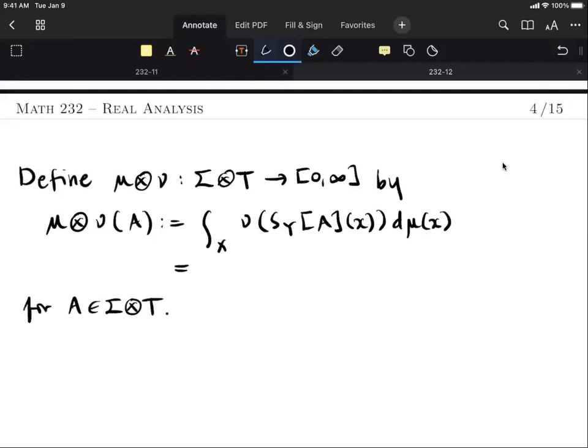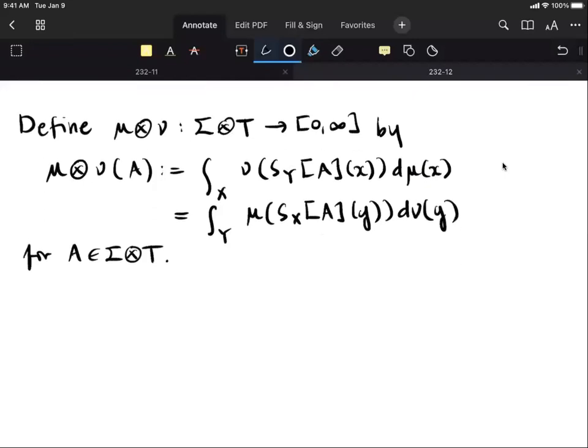And the previous theorem tells us that we can instead use the measure mu, but integrate this over y of the section on x. And again, we emphasize the variable y for the integration.